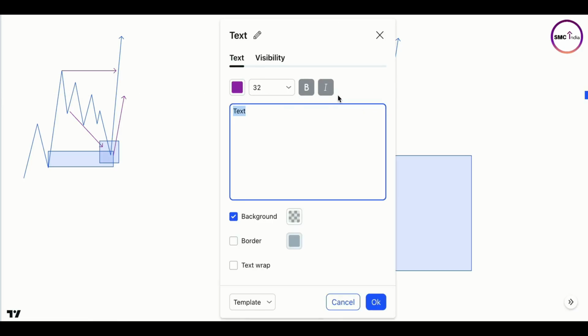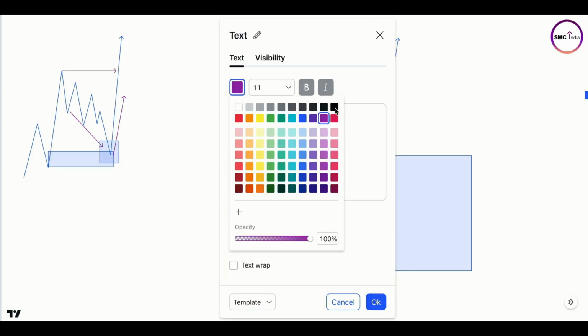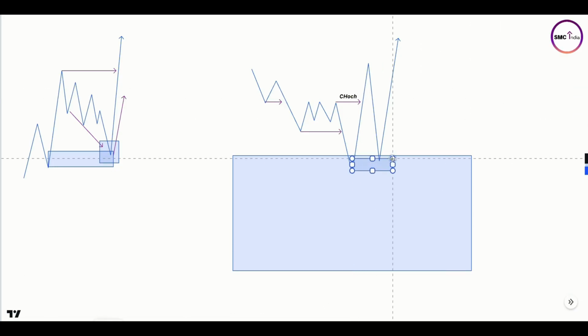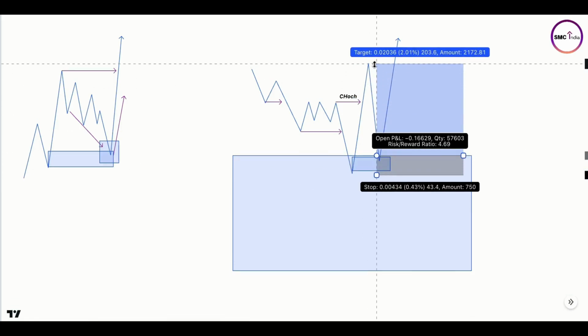So you mark this as change of character, and you wait for this order block to be tapped, and then you place your position down here, targeting maybe this high if you want to trade intraday. And if you want to hold this trade for a few days, then you could target maybe this high.